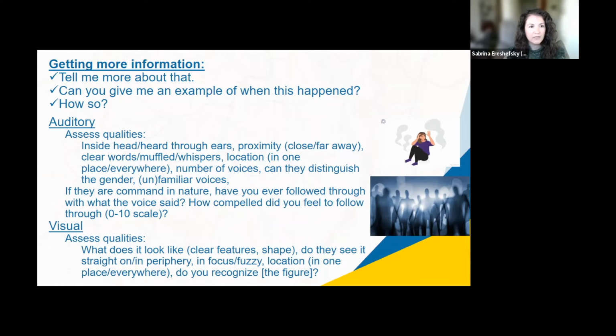I've included here a set of things that you can probe for or ask about for some categories of auditory and visual perceptual abnormalities or hallucinations. You can come back and reference this list for important cues that you can look at for qualitative and quantitative differences with those experiences.